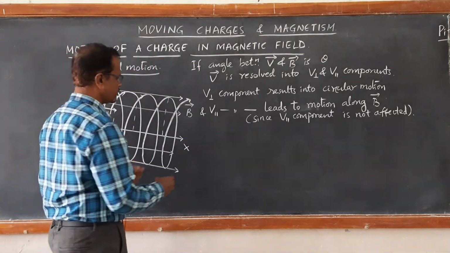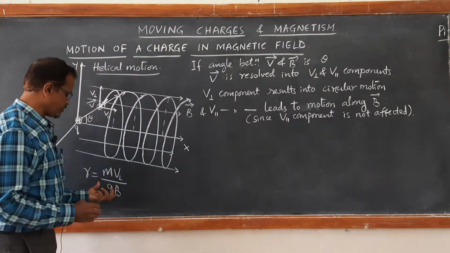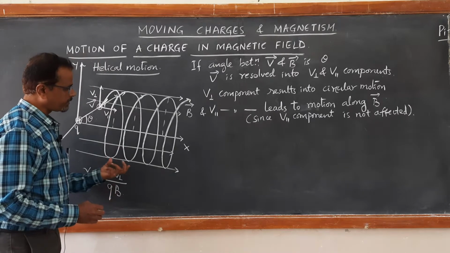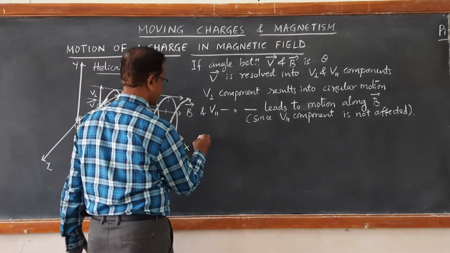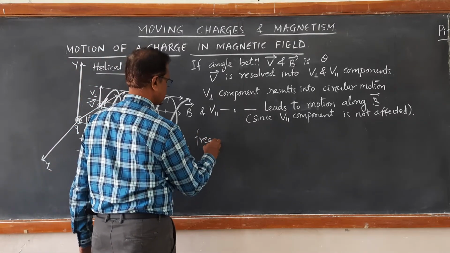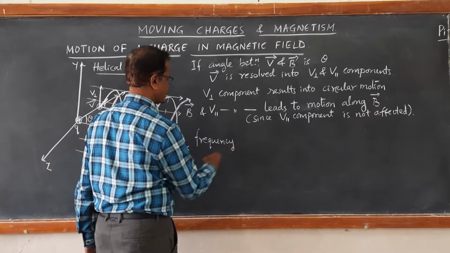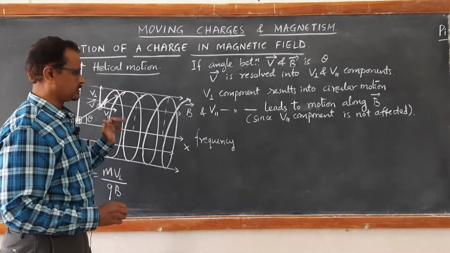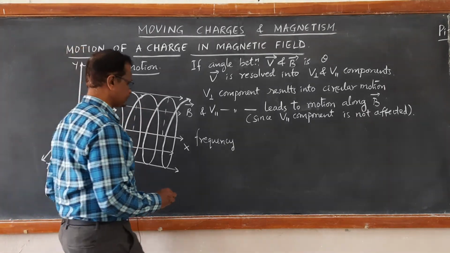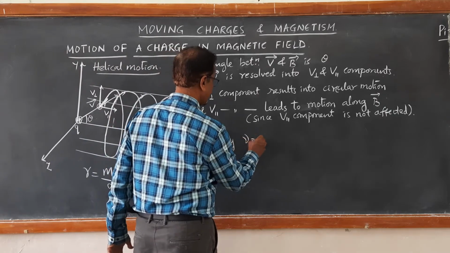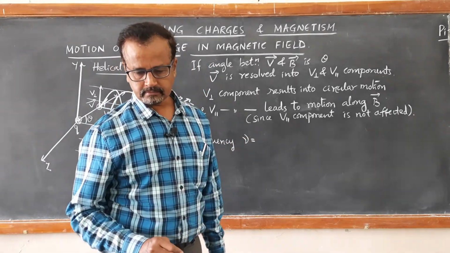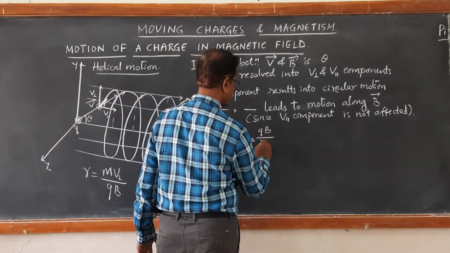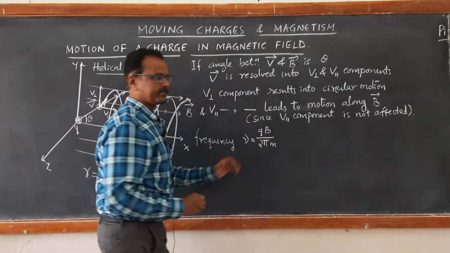Now we know the radius is given by m v perpendicular upon qB, and we calculated yesterday the frequency of the charged particle, that is the number of revolutions per second. It is given by nu equal to qB upon 2 pi m. We have derived this yesterday.